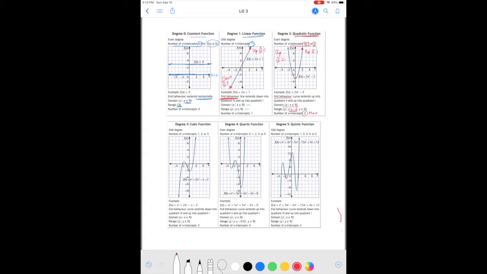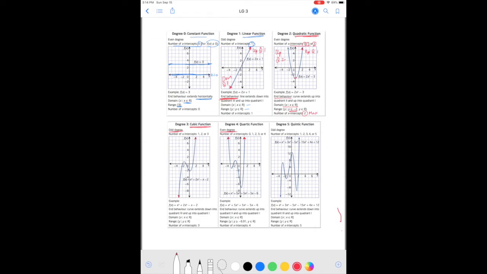Okay, the cubic function, the snake, we know it's an odd degree, so I know all odd degree functions are splitting. See, these guys are always splitting. Even number ones are always going in the same direction, either both up if it's positive or both down if it's negative.